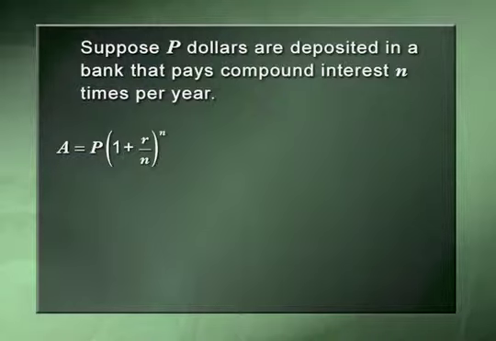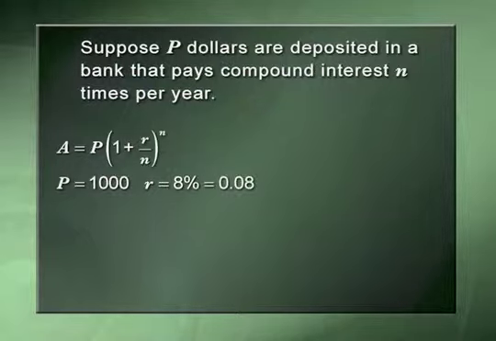Let me show you an example of how this works, a very specific one, with numbers. Suppose you have $1,000, and it's 8% interest, which is a pretty good interest rate, which we write as a decimal, 0.08, and suppose it's compounded every 6 months, so it's compounded twice a year. How does it work? After the first 6 months, here's how much money you have in your account.